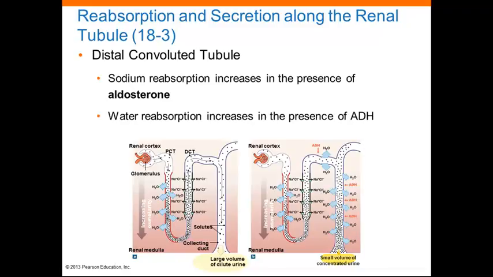So this serves to concentrate the filtrate as it passes through the collecting duct. Once the filtrate enters the minor calyx, then no other secretion or reabsorption can occur. It's done, it's set. The fluid is now called urine at that point. So the concentration and composition will vary based on metabolic and hormonal activities.